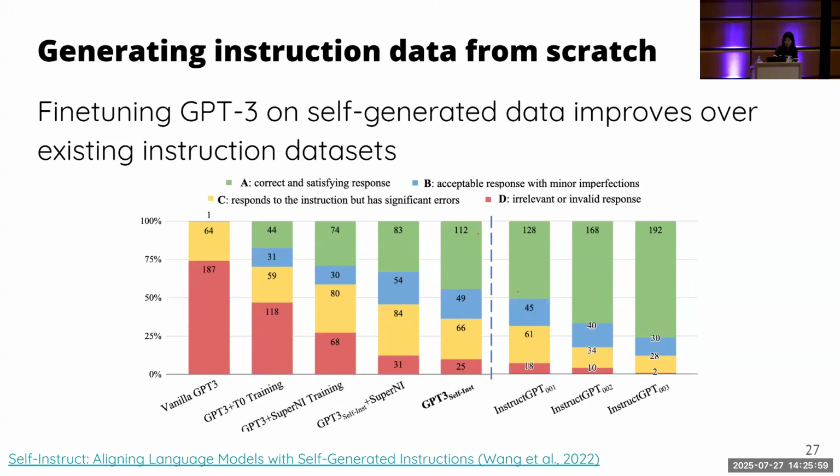In terms of results, we found that fine-tuning GPT-3 on self-generated data actually led to better performance than fine-tuning on any of the existing instruction data sets at the time, even though they were created through much more labor-intensive processes. And it even approached the performance of InstructGPT, which was the best proprietary instruct model at the time.